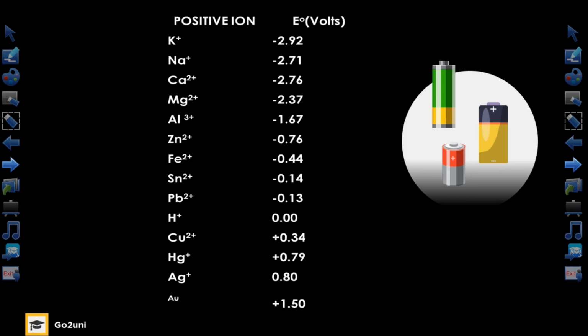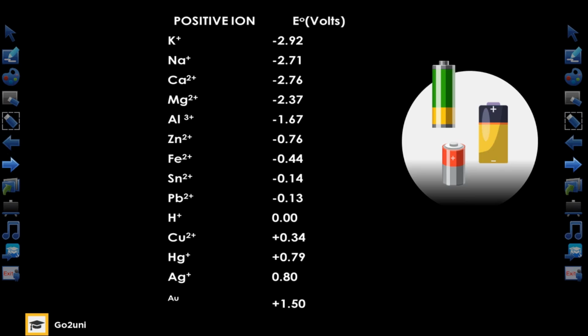Between tin and lead, for example, we can see that lead is closer to the positive value. Hydrogen is 0.00, which stands as a standard and a kind of bridge between the negative potential values and the positive potential values. So when a value tends to be closer to the positive value, the more likely it is going to be the reduction potential.